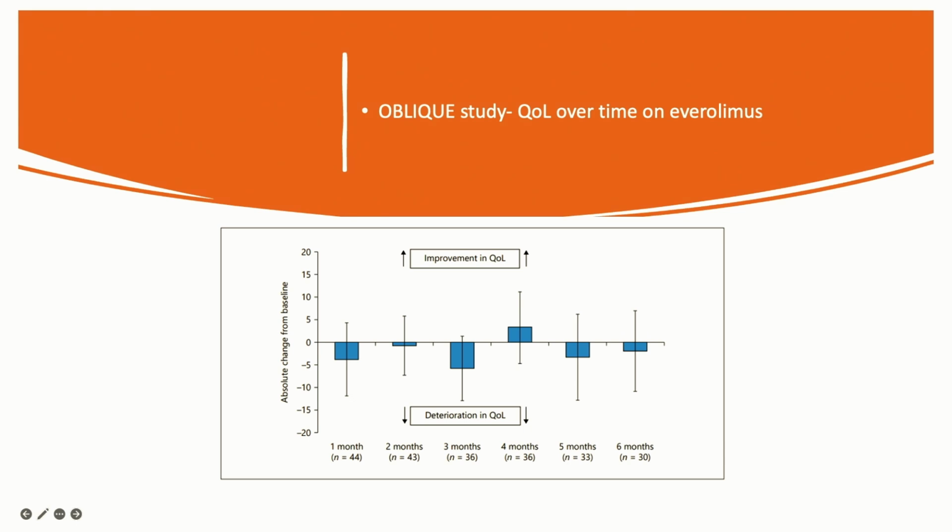So this is an example of a sort of rubbish output from a quality of life study. We published this as the BLEAK study. This was a study of everolimus. What we were doing is measuring quality of life every month for 6 months after going on everolimus, and we were trying to see if the quality of life got better or got worse. And what you can see there, I don't know if you've seen box and whisker plots.